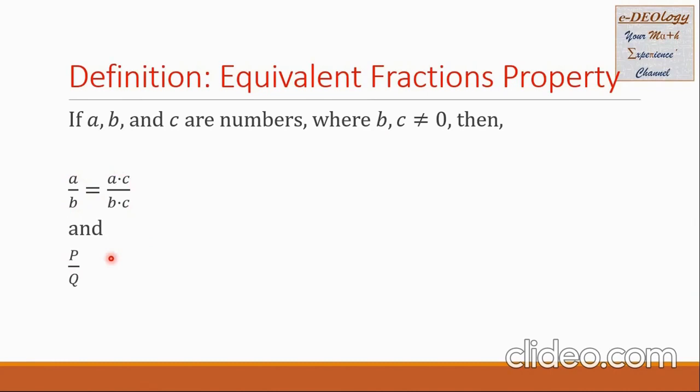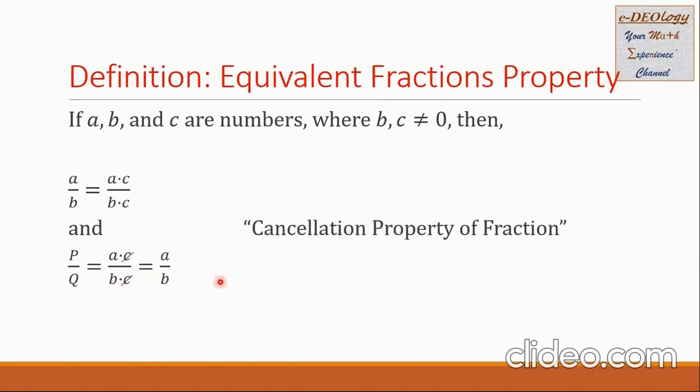Also, if we have a fraction capital P over capital Q, and this P can be factored out into A times C, and the Q can be factored out into B times C, then we can cancel that C, and the rational expression becomes A over B. In some books, you will read this as cancellation property of fraction.